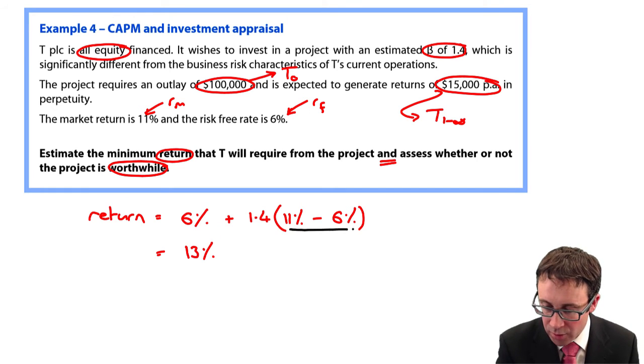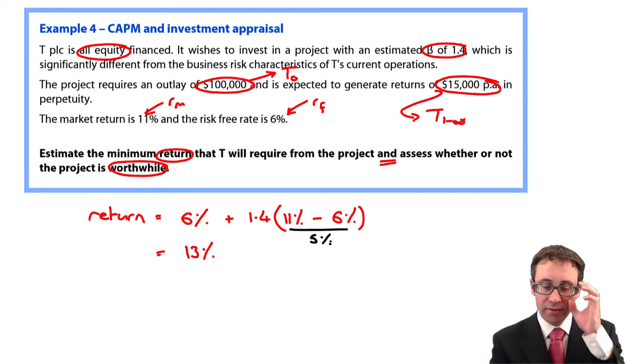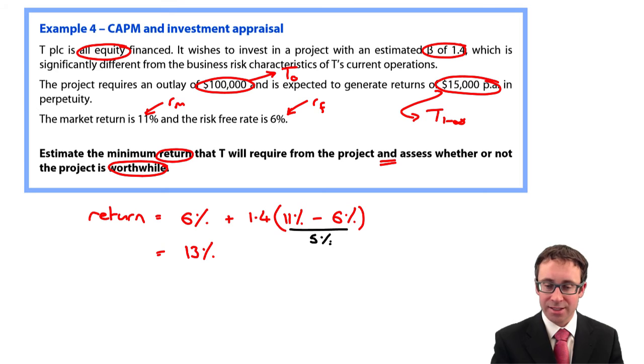Okay, so your risk premium is 5%. 5 times 1.4 is 7, add the 6, that's 13, isn't it?